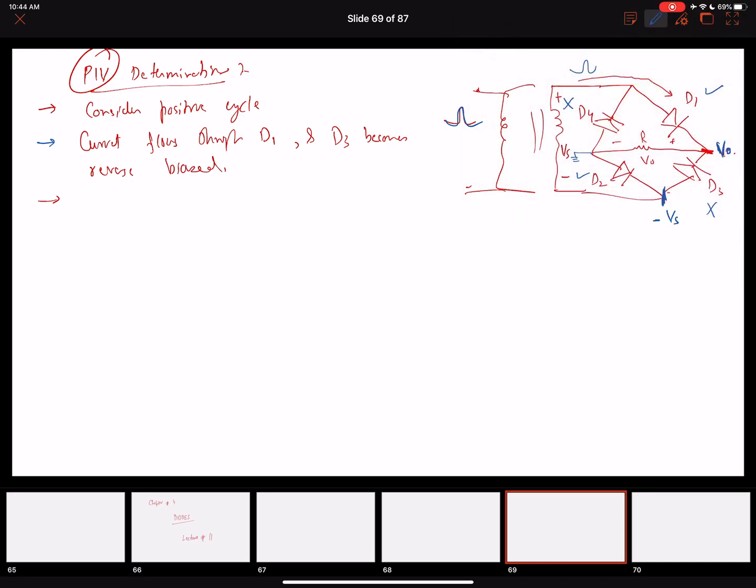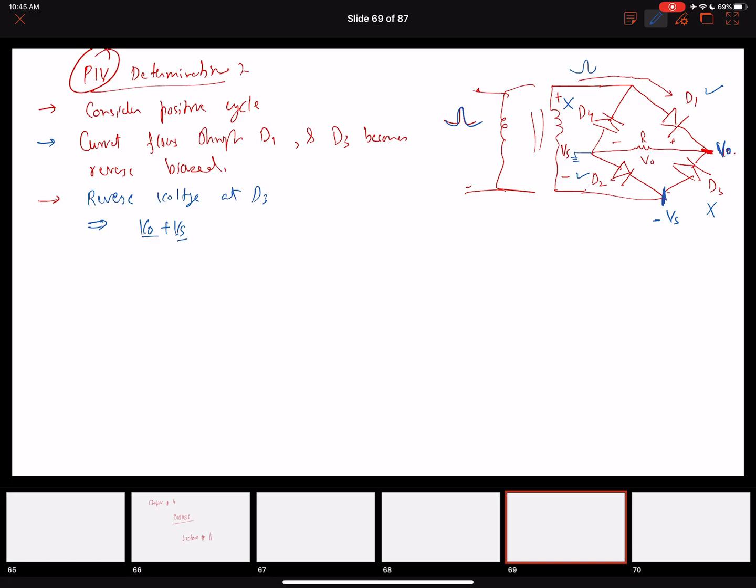So the reverse voltage across D3 equals V0 plus Vs. So that is the total voltage that is appearing across here.